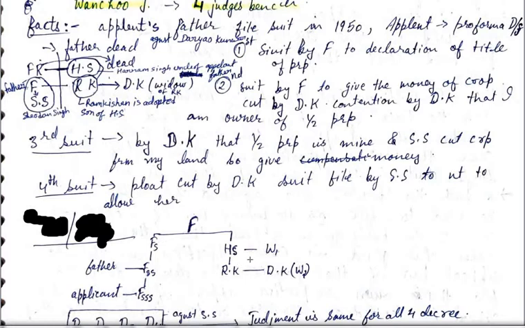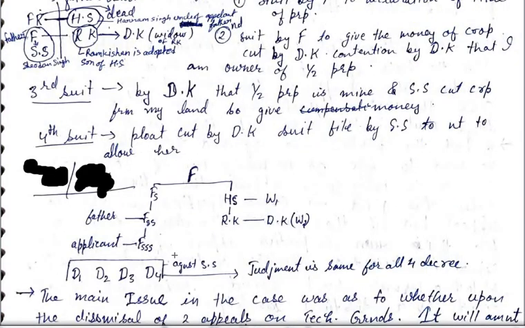Then there are two suits filed by Darya Kumar, widow of Ramkishan, against FSS. So there are 4 suits in total, and all these suits were consolidated by the court and decided against Sheodan Singh.